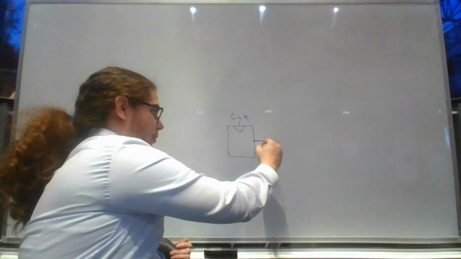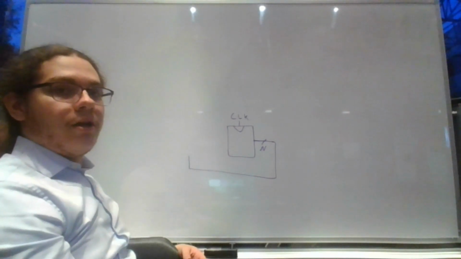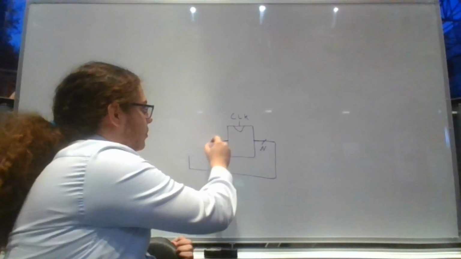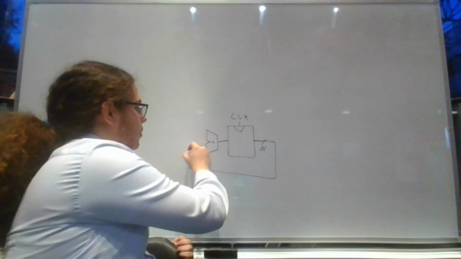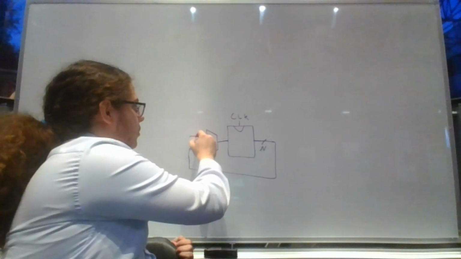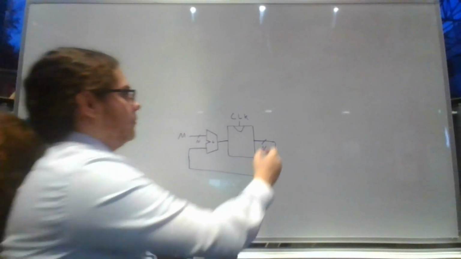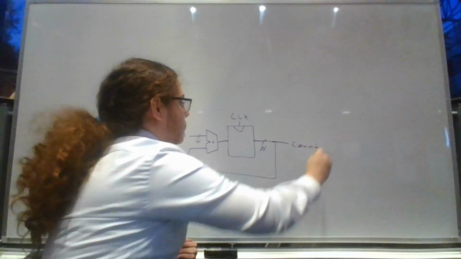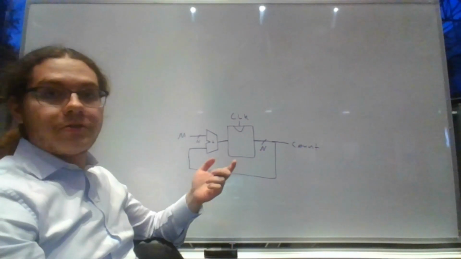And it's going to be an n-bit register. And typically for a counter, you have an adder at the front of it. And this is the general circuit for any counter that you have.